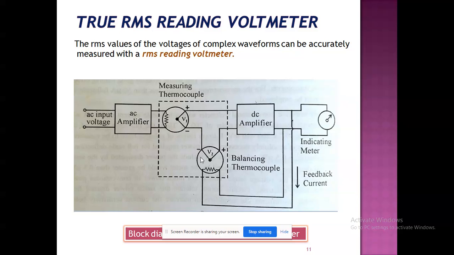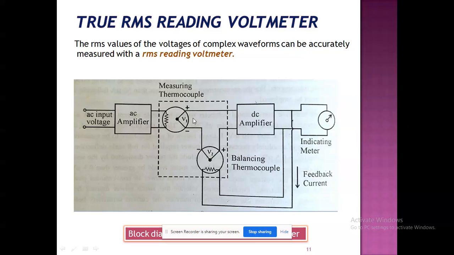The effect of the nonlinear behavior of the measuring thermocouple is cancelled by similar nonlinear effects produced by the balancing thermocouple. The two thermocouple elements form part of a bridge circuit in the input circuit of a DC amplifier.